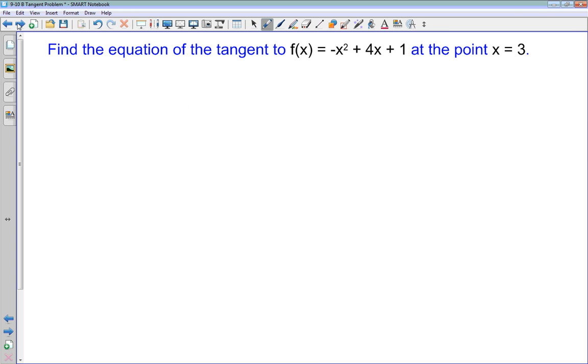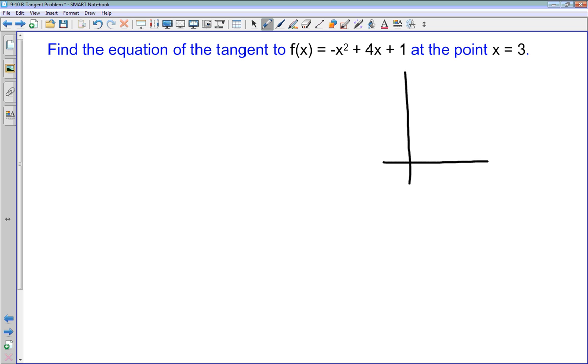So here's the kind of question you might be asked to do. Find the equation of the tangent to the curve f at x equals negative x squared plus 4x plus 1 at the point x equals 3. So let's first try to visualize what's going on in this question.